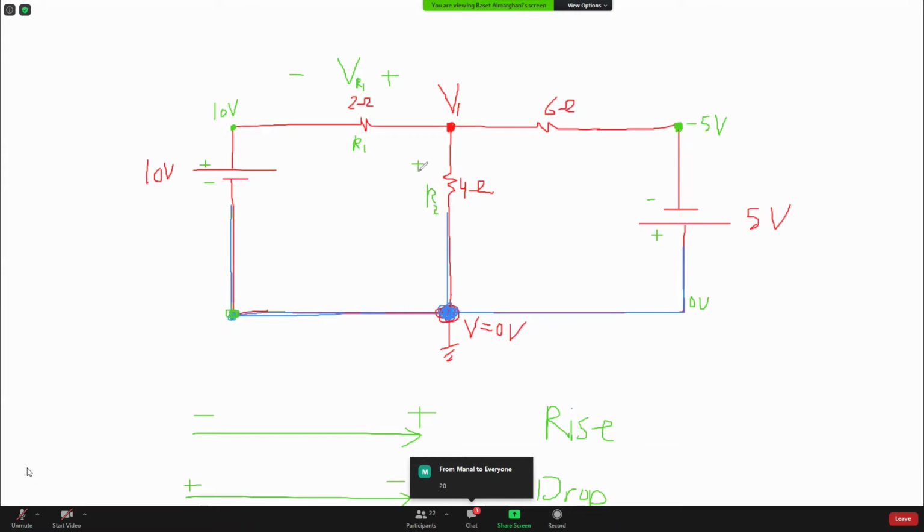Say that this is positive, this is negative, VR2. And that is VR3. Let's say that positive here, negative here. So what is the voltage across the first resistor? This resistor.